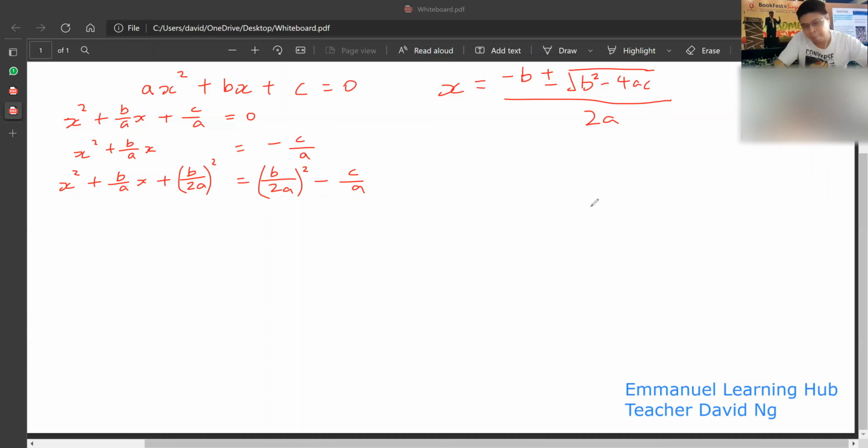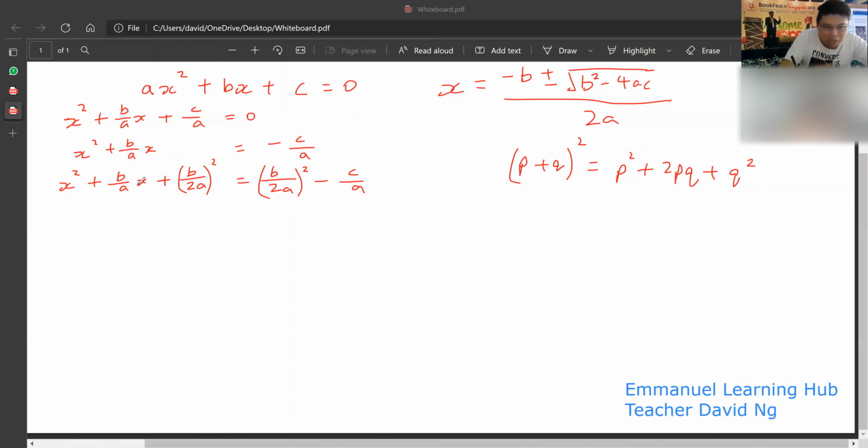I'm going to use P and Q. Okay, you have learned that P plus Q square, right? Is this right? You learned this before, right? This is something you're familiar with.